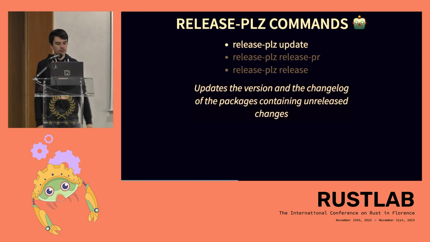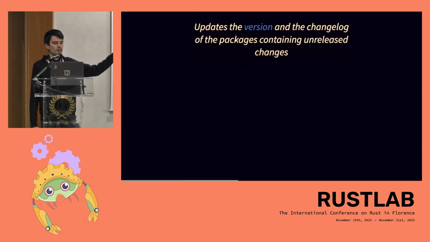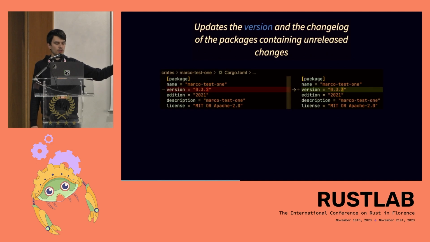Starting from update. Release-plz update updates the version and the changelog of the packages containing unreleased changes. Let's see this definition word by word. First, it updates the version by writing it in the Cargo.toml of your package workspace.